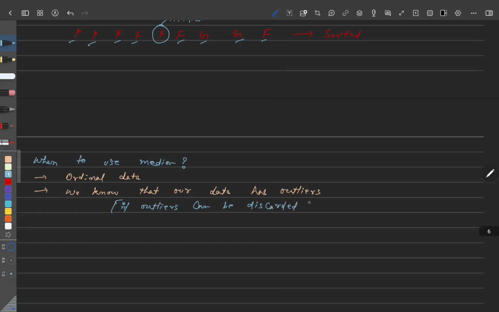If the outliers cannot be discarded, then I think it will be best if you calculate average. But you can also calculate median, and then you can write a note in your analysis that this is the average, this is the median, and then the one who is reading your analysis can conclude for themselves which one would be the better number, depending on what kind of data you are calculating the median or average on.